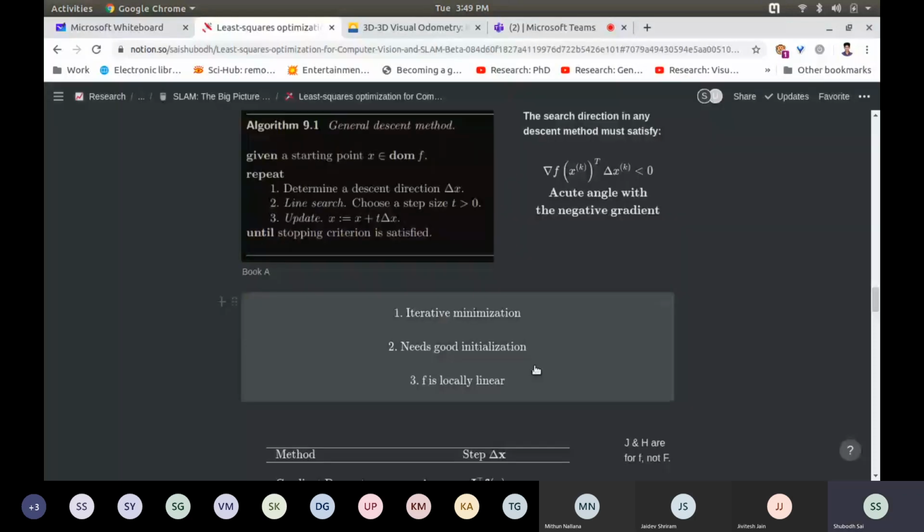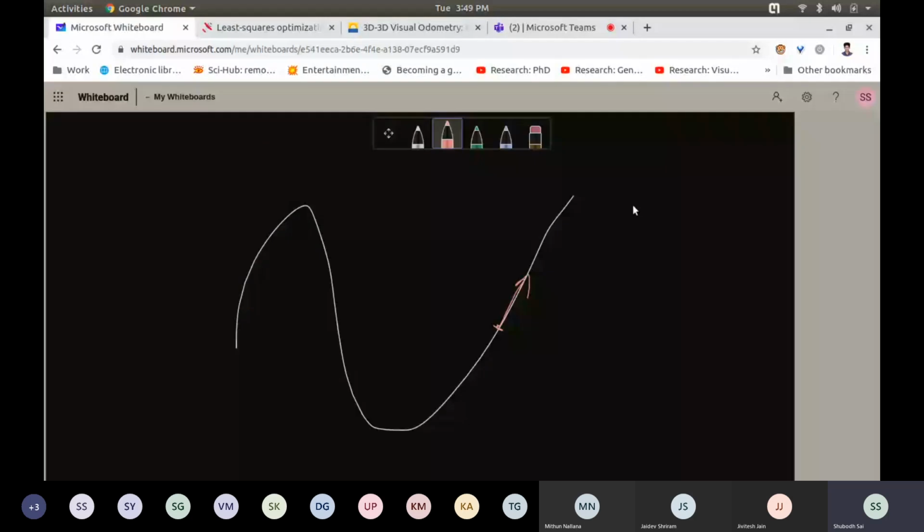It should make an acute angle with the negative gradient. Remember that we want to minimize the function, so we want to move in this direction and end up here. The negative of the gradient would be this. And what forms an acute angle with this? It is anywhere from here to here. Here it's 90. Anywhere within those bounds, it is an acute angle.